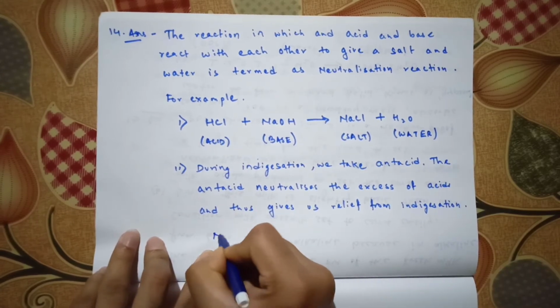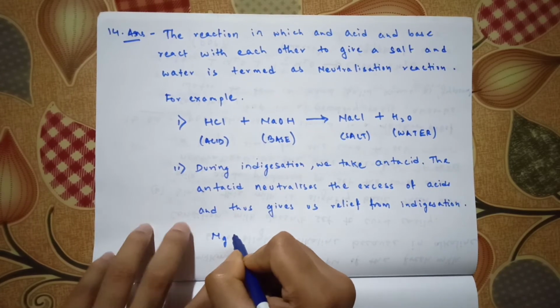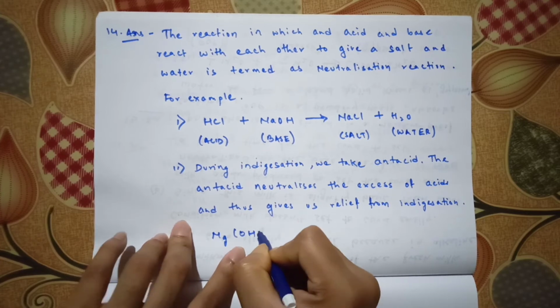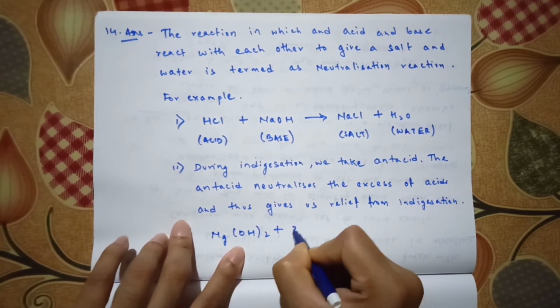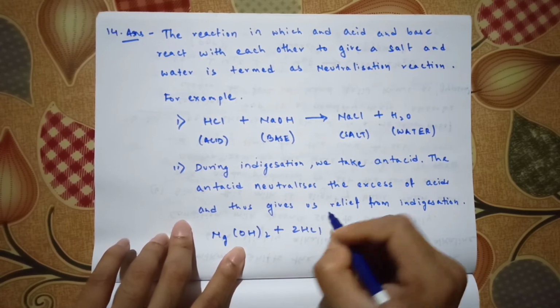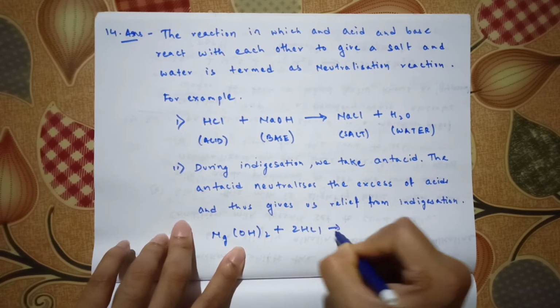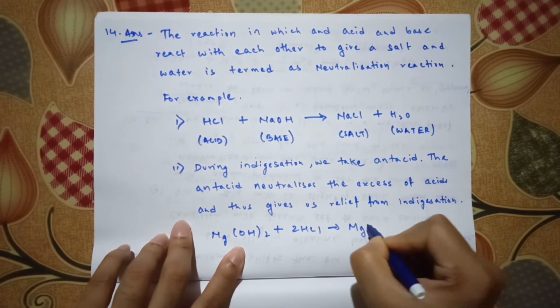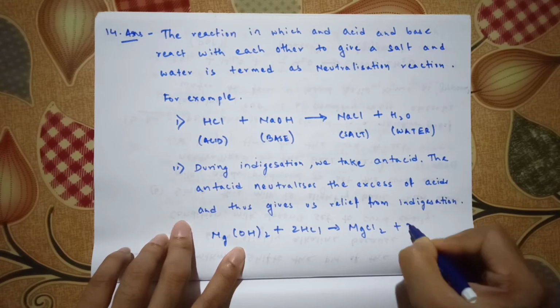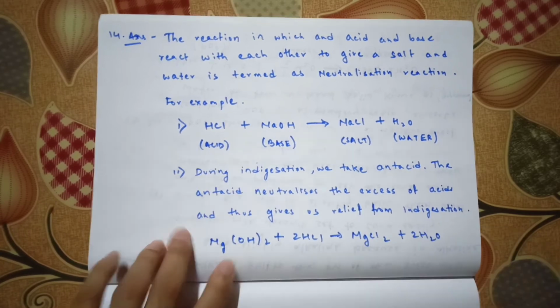So it will be like Mg(OH)2 plus 2HCl, which gives us MgCl2 plus 2H2O.